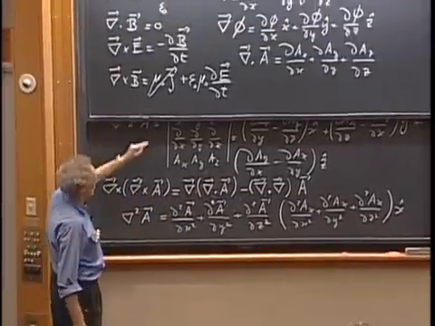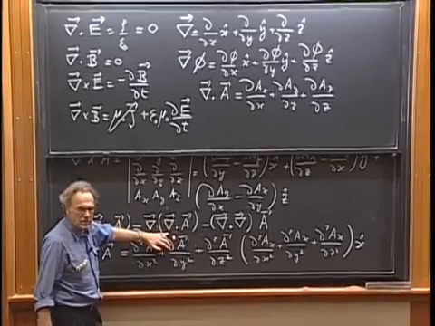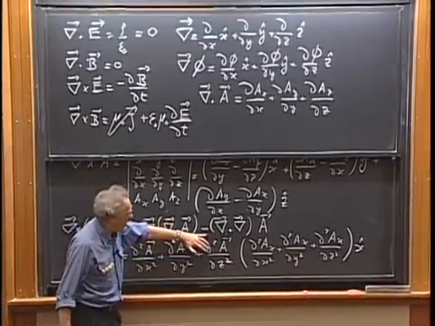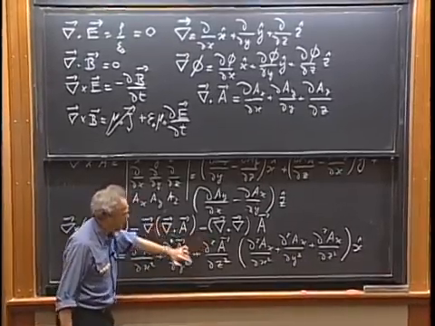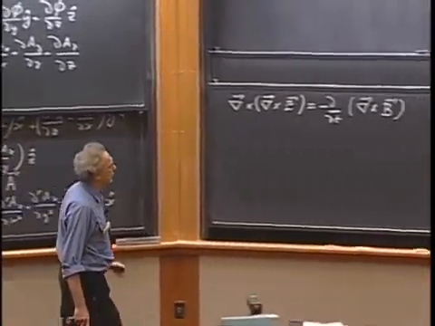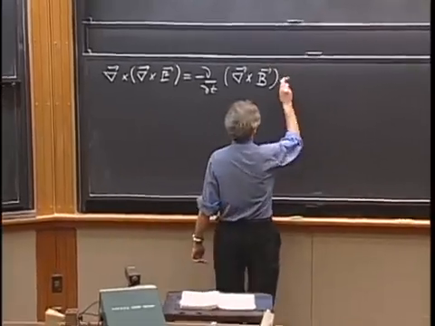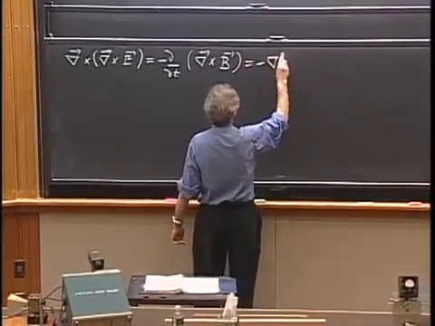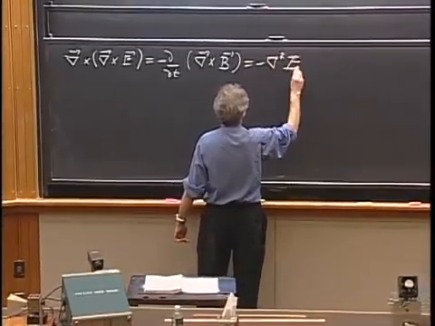You see that there. So this first term is 0. So I only have this term, which is minus del squared E.